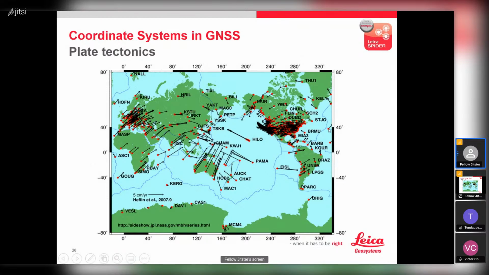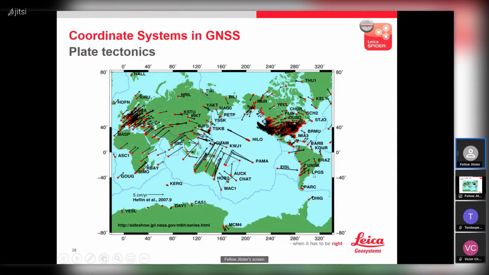And this is the map, which is based on the latest ITRF. No, this is not based on ITRF2014. This is an older plate tectonics map, which shows you more or less how quickly the tectonic plates move per year. This arrow represents 5 centimeters per year. Obviously, the more IGS stations you have, the better you can estimate the movement of the tectonic plate.